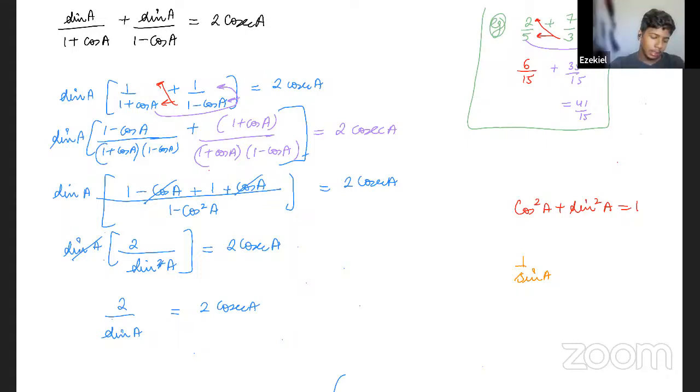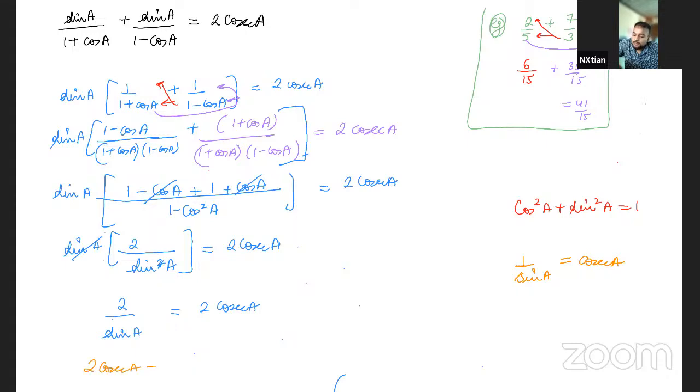Sin A can be written as 1 upon cosec A, right? So now 1 upon sin A can be written as... Sin A can be written as 1 upon cosec A. Now, if you're reversing it, like 1 upon sin A, you have to reverse this also. So what will it become? Cosec A. So it will become 2 cosec A, which is equals to 2 cosec A.